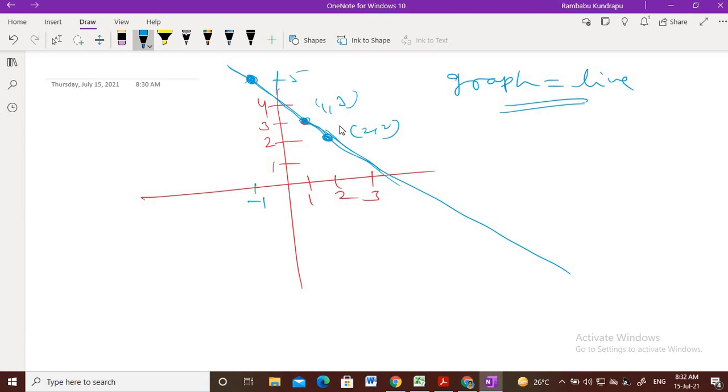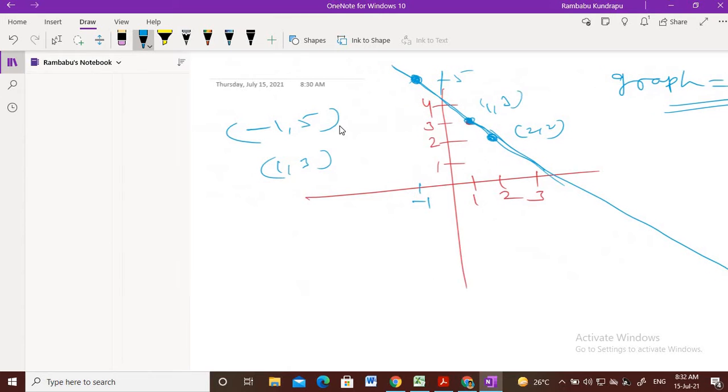How will you join the line? Just join (-1, 5), (1, 3), (2, 2) using your scale. All of these points lie on one line only.